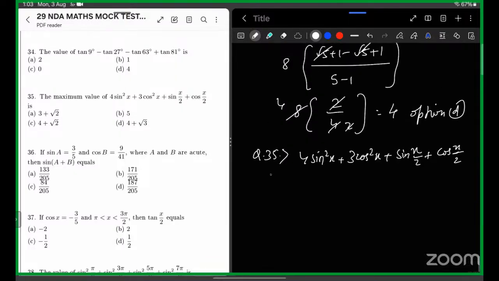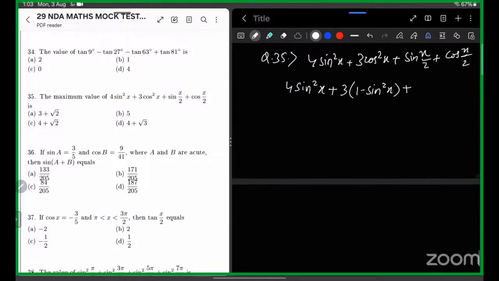First, try to bring it into a simpler form. How can we do it? This is 4 sin square x. Convert this 3 cos square x as 3 into 1 minus sin square x. Let's see what you are getting.